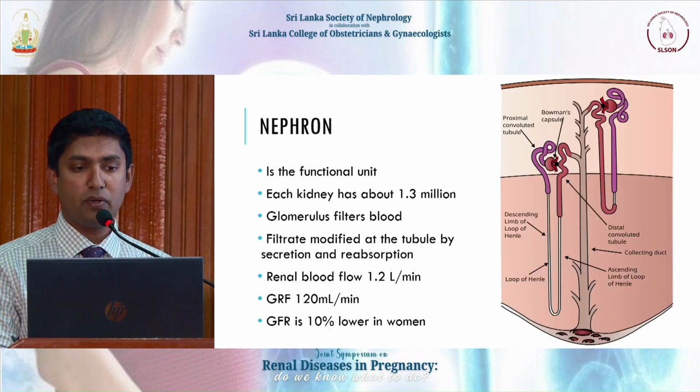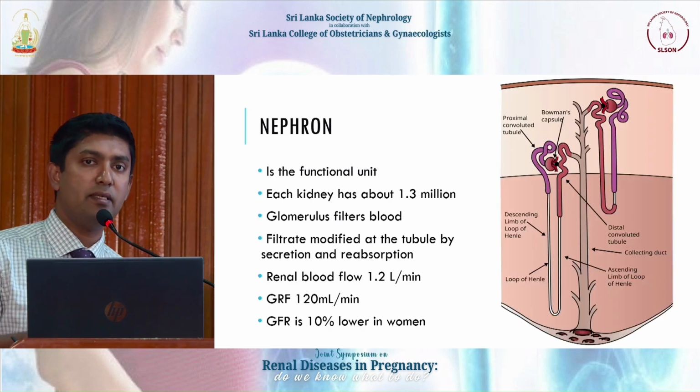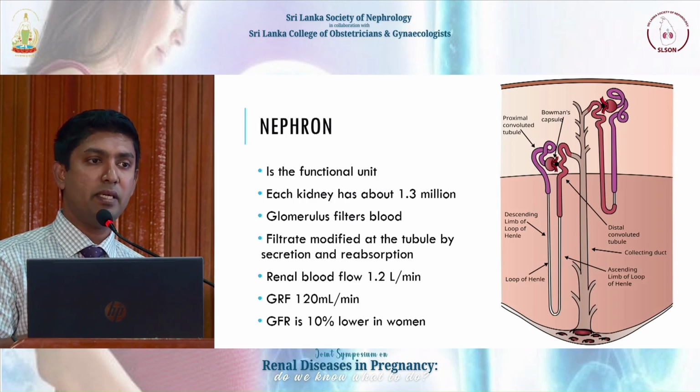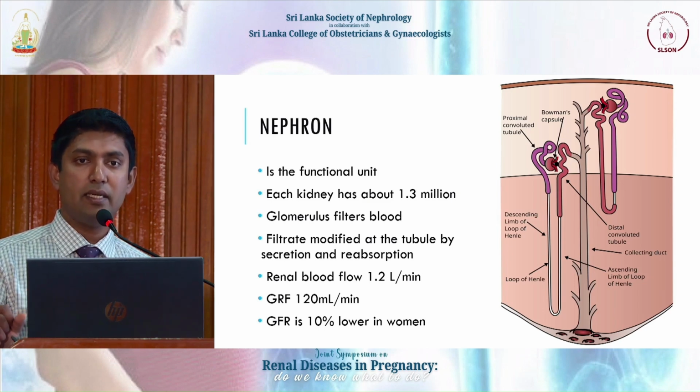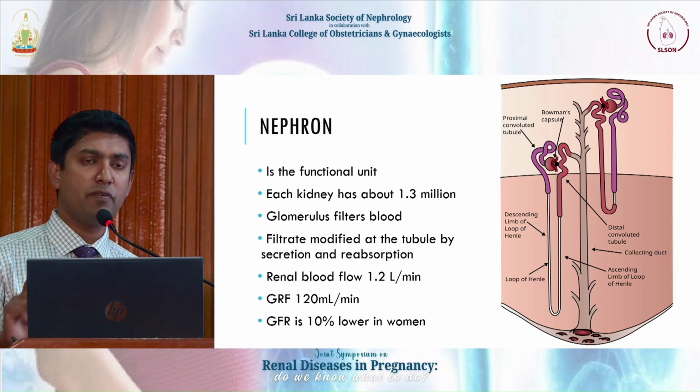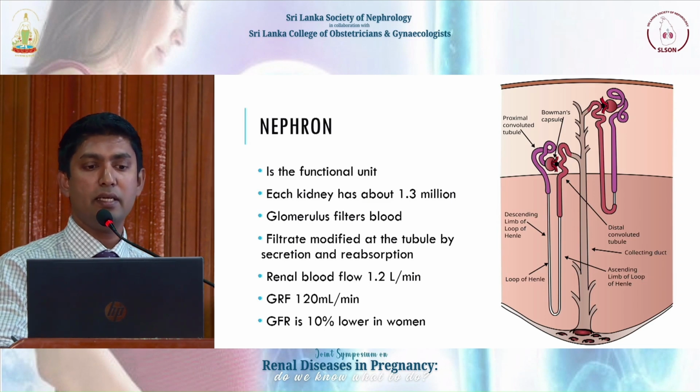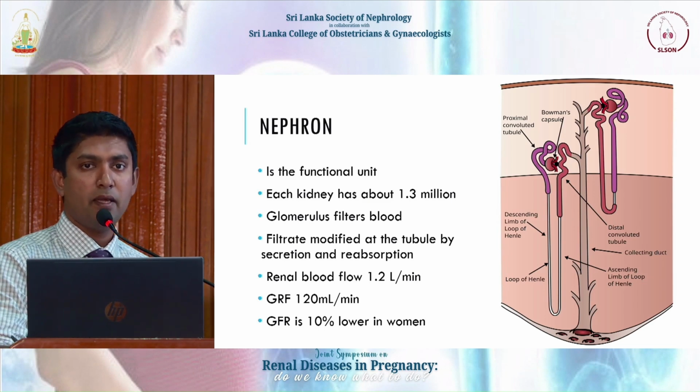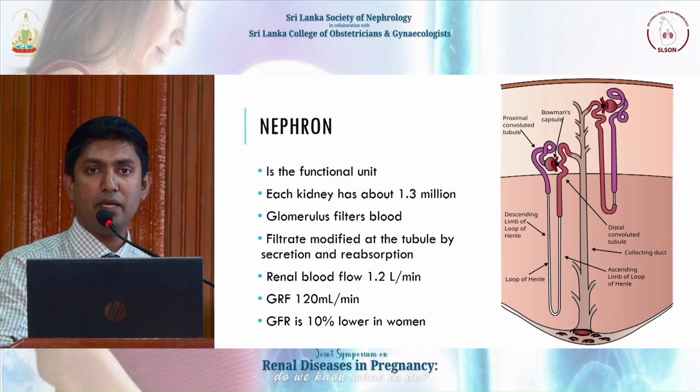And if you look at the anatomical basis, I thought this would be important for you to understand in the rest of the symposium when we talk about renal diseases. The functional unit of the kidney is the nephron. There are more than 1 million nephrons in each kidney.